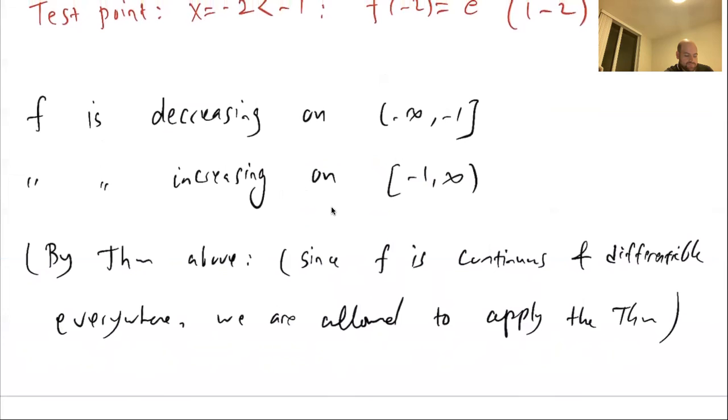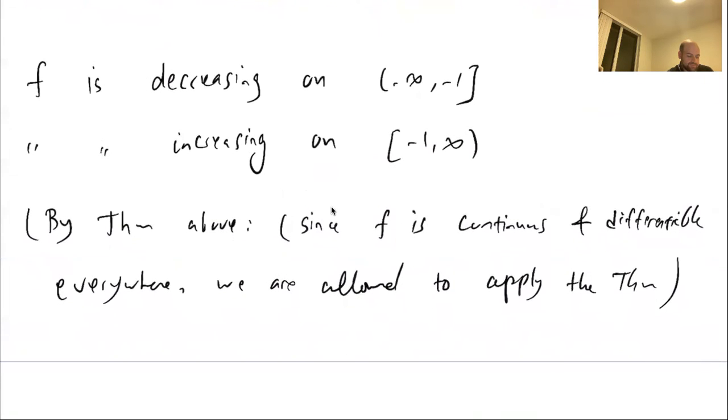Okay, so f is decreasing on this interval, increasing on this interval. I can say it's by theorem. I can say because of theorem above, or here I can say note, just to be more clear.